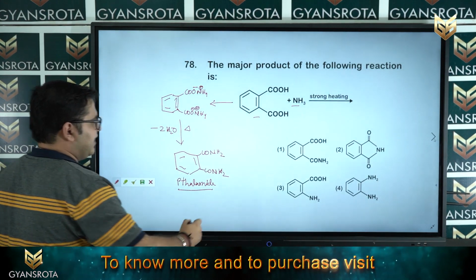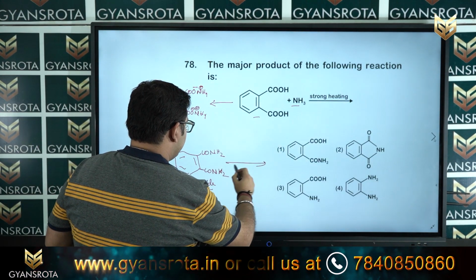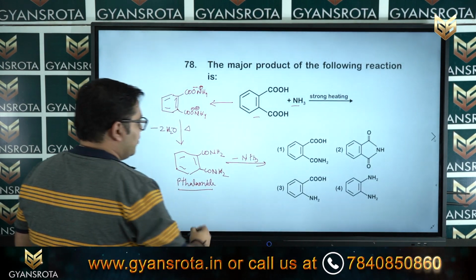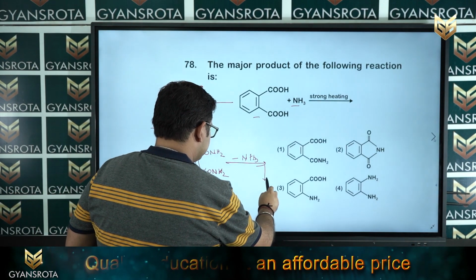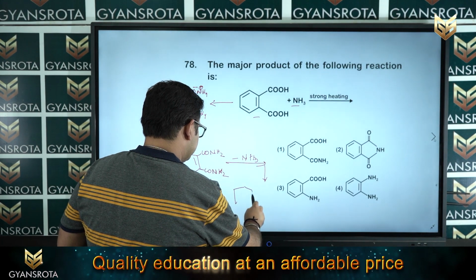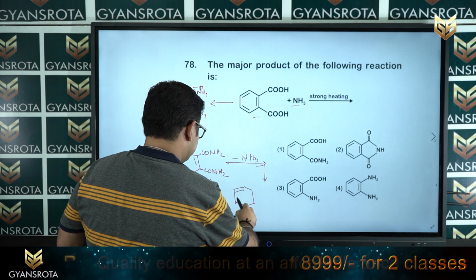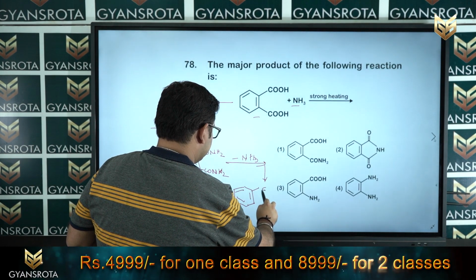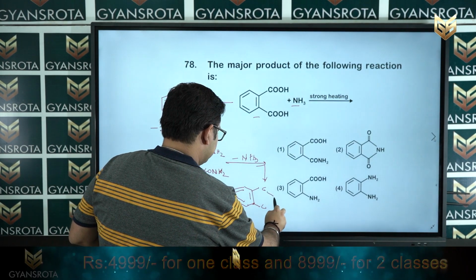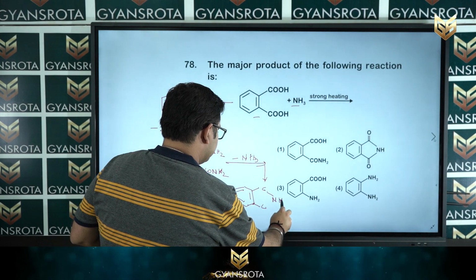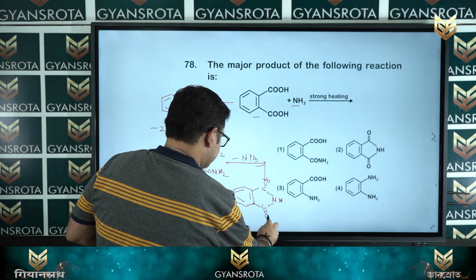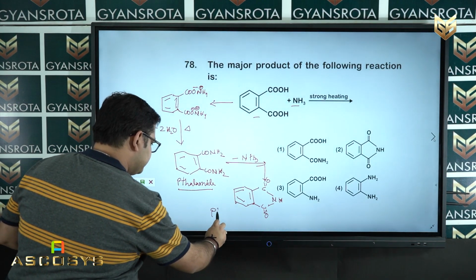Now, after this phthalamide, if I remove the NH3, we obtain phthalimide.